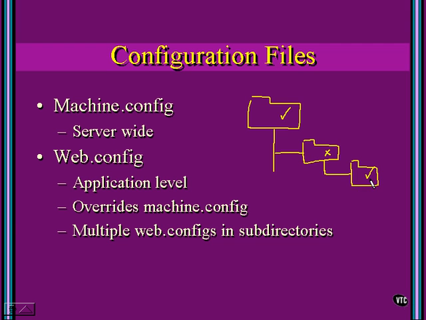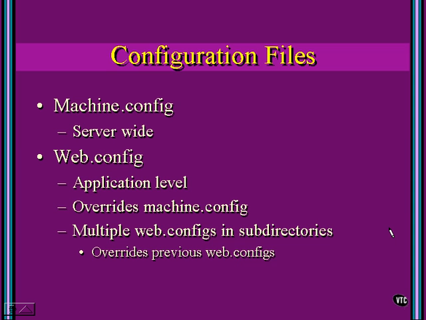Then the web pages that are in this directory right here will have that turned on. So it basically overrides down. So this overrides that, and then this overrides that. If you want to think of it this way, the closer you get to the user is where the configuration sticks and works. Okay? So config files overwrite previous config files.